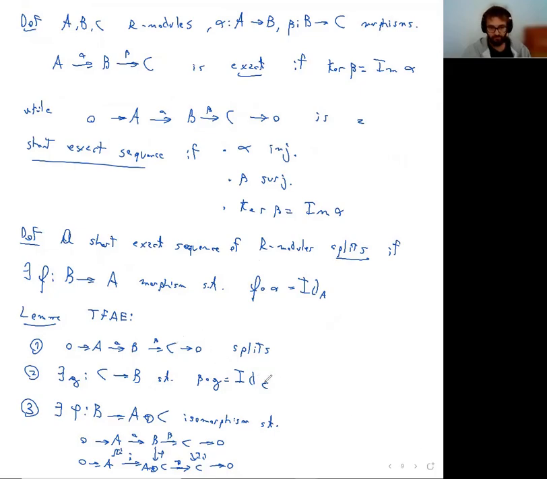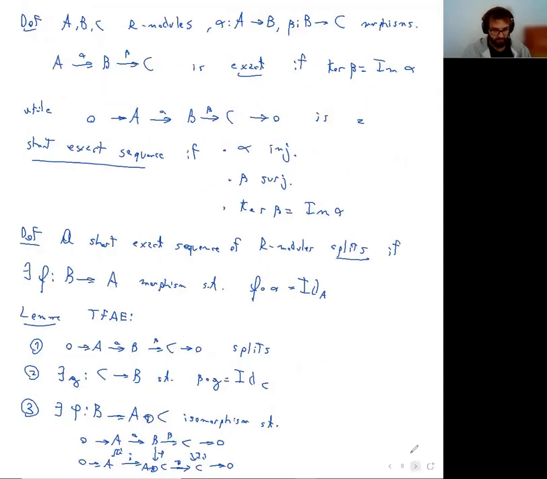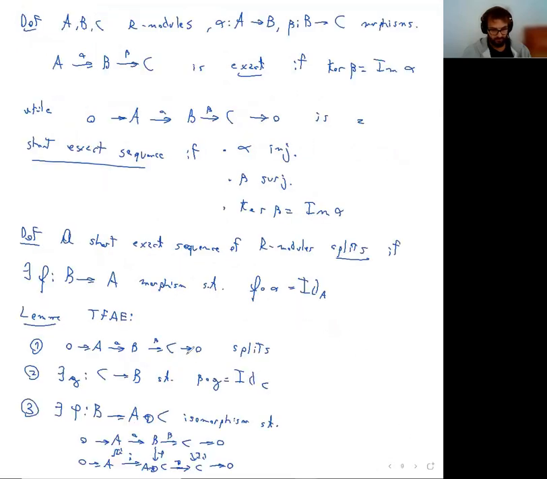And of course, the reason why we had to use all these image things is that this is defined on C. And, sorry, beta is surjective. That's important.